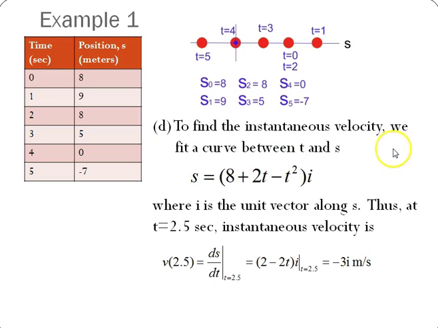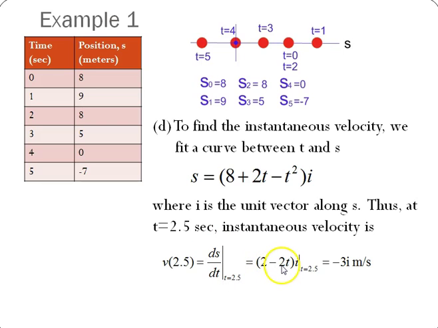To find the instantaneous velocity, we'll fit a curve between s and t. We obtain this equation, where t is in seconds, and i shown here is the unit vector along the positive s direction, and we note that the instantaneous velocity is derivative of this evaluated at t is equal to 2.5.